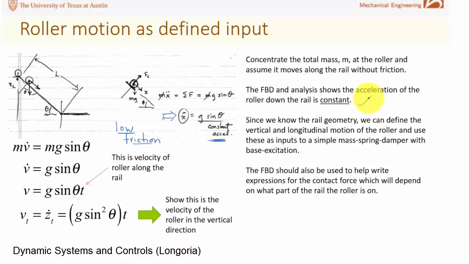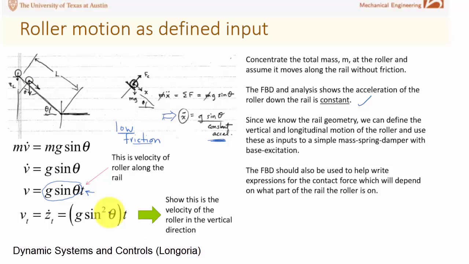So actually I'm working out the mass times the acceleration along the path, which is just mg sine theta. And so I can integrate and I can find here that the velocity over time has a constant rate times time.